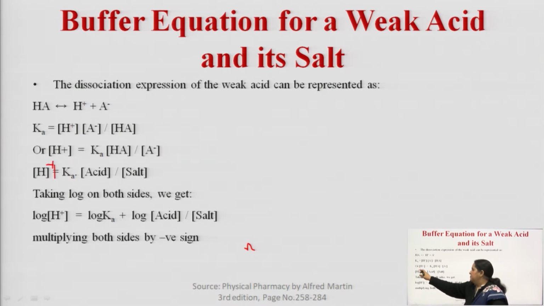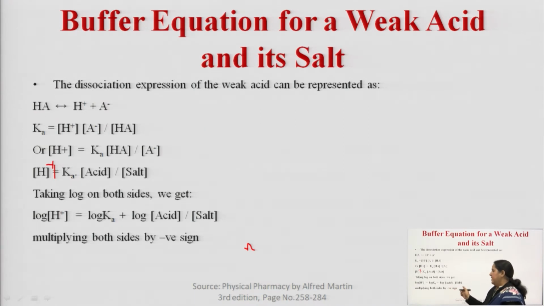So, it is H plus is equal to Ka into acid upon salt, the concentration of acid upon salt. So, taking log on both sides, we get log H plus is equal to log Ka plus log acid upon salt.